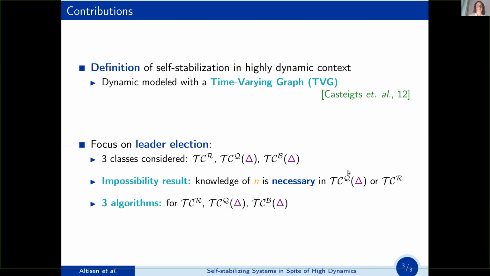But we have also positive results, since we proposed three algorithms, one for each class. It's a little too complicated to detail those classes, so I invite you to watch the video and read our technical reports online to have more details on them. Thank you.